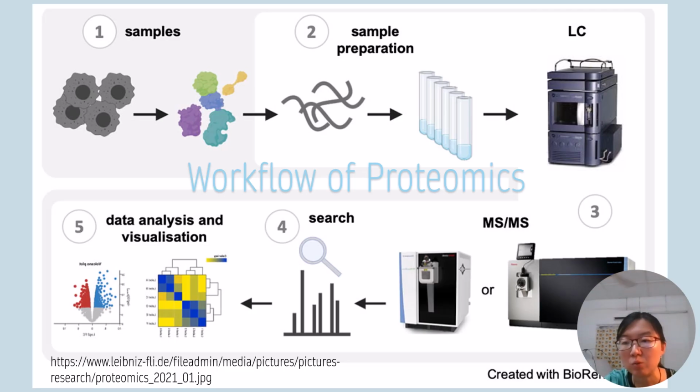Then the raw data generated from mass spec will be further analyzed using bioinformatics to identify proteins' presence in the biospecimens. Statistical analysis will then be carried out to identify biomarkers, followed by a validation process.